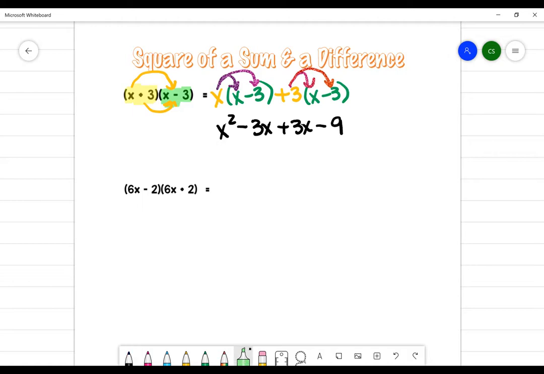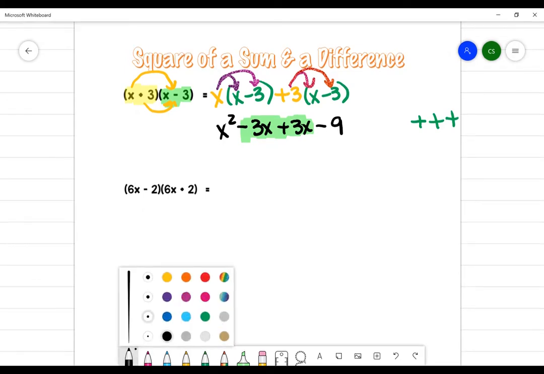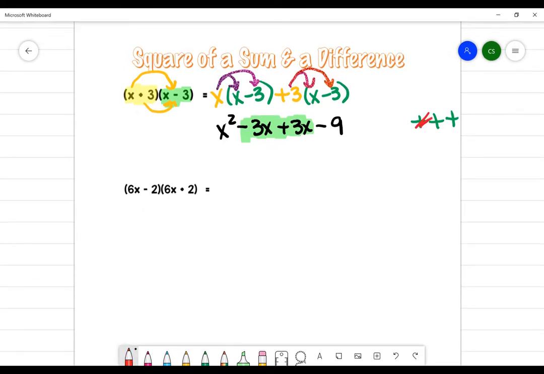Combine my like terms. All right, negative 3x plus 3x. That's saying that my mama gave me 3x's. And then she took away my 3x's. She took them from me because I did something bad. Do I have any more x's? No, because they're all gone.